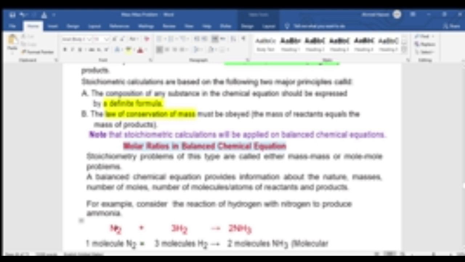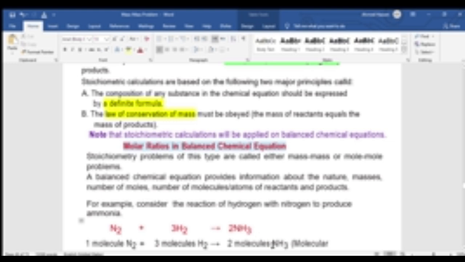The information found here is that 1 molecule of nitrogen reacts with 3 molecules of hydrogen to form 2 molecules of ammonia, or 1 mole of nitrogen reacts with 3 moles of hydrogen to form 2 moles of ammonia, or according to the mass interpretation, 28 grams of nitrogen reacts with 6 grams of hydrogen to form 2 times 17.